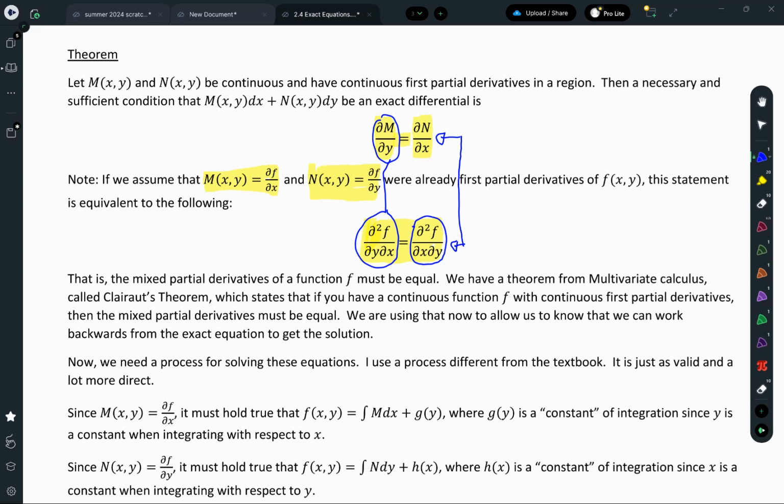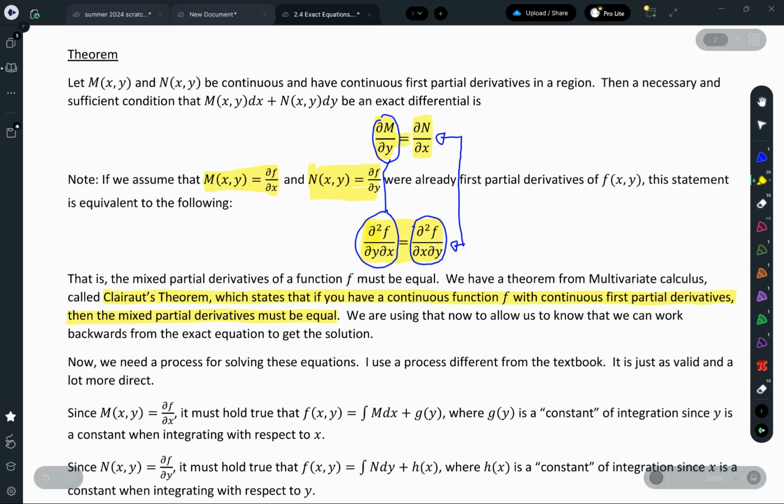So this comes from a theorem from multivariate calculus. It's called Clairaut's theorem. And basically it states that if you have a continuous function f with continuous first partial derivatives, then the mixed partial derivatives will be equal. So we're using that theorem right now. I'm just going to highlight it because this is where it's all coming from.